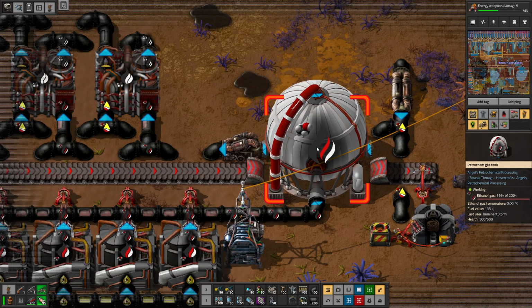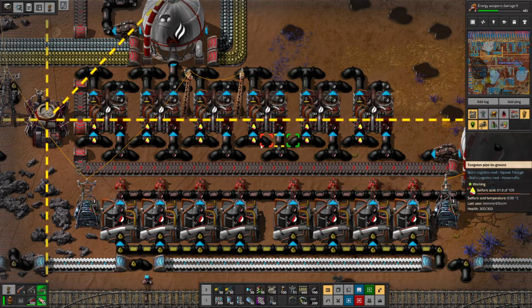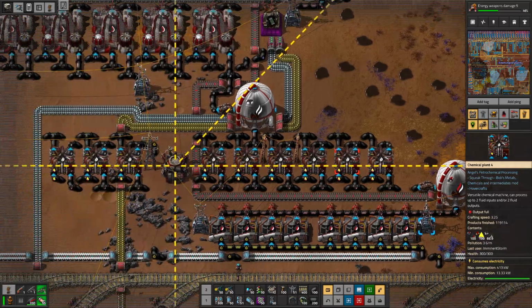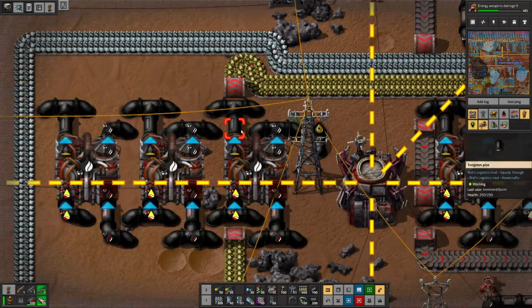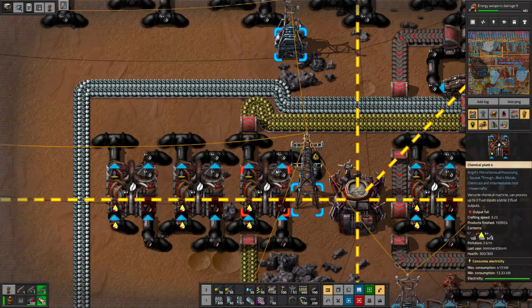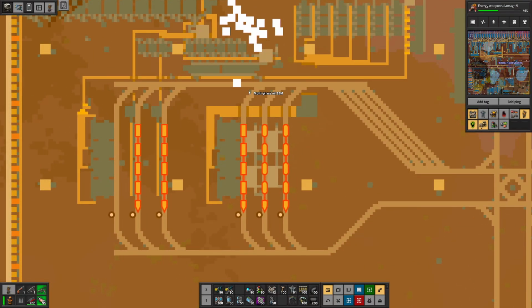And there's a giant tank of ethanol gas. It's being used to make liquid plastic. Or at least it should be anyway. Okay, so that's a byproduct. We're full up on plastic.